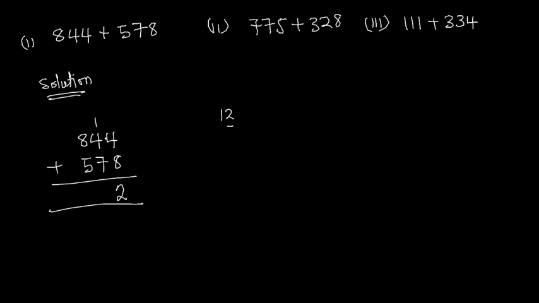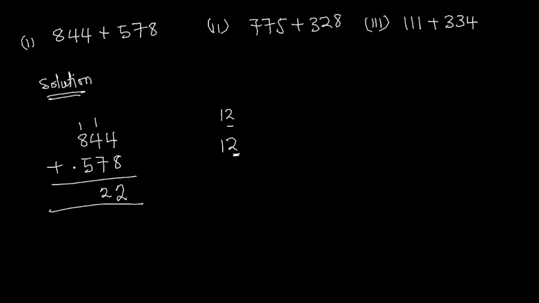So 1 plus 4 will give us 5. 5 plus 7 will give us 12. So from that 12, we still write the 2 and then we carry 1. So that 1 will be brought onto this set of values. Now we have 1 plus 8, which is 9. 9 plus 5 is 14.